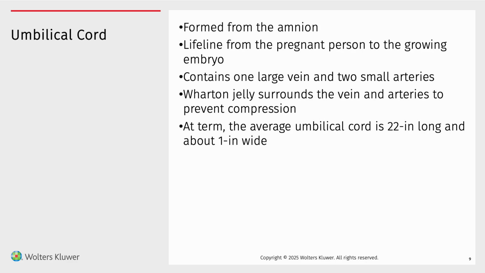So remember, this is a teaching point I want you to stick with. Vein, bring in the good stuff. Arteries, take out the waste. You got that? Vein brings in the good stuff. Arteries, take out the waste.